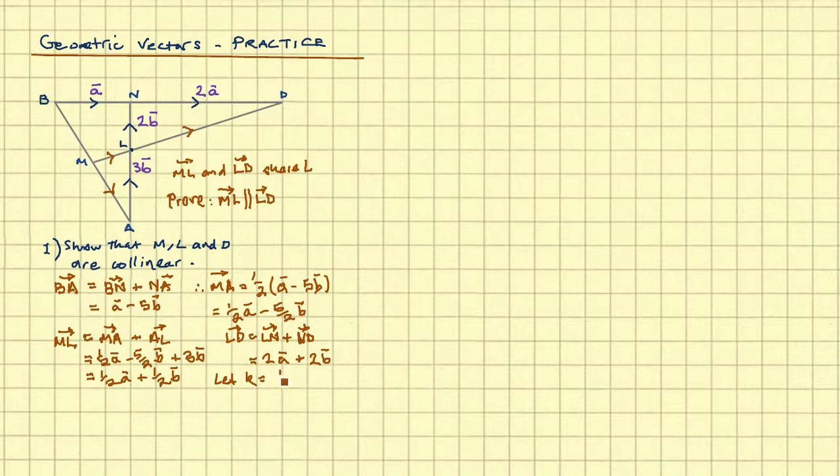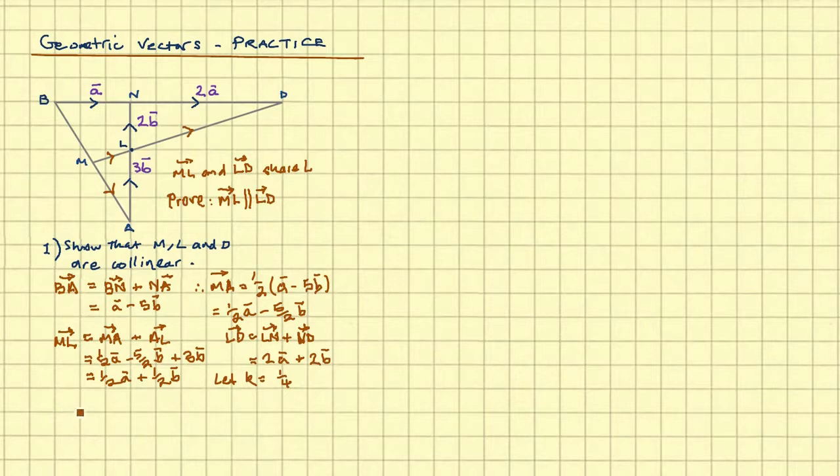Let k equal a quarter. Looking at my figures, I can see that a quarter is going to work. As long as there's some constant k that will multiply L to D to give me M to L, then I'm going to have proved that M to L is parallel to L to D.